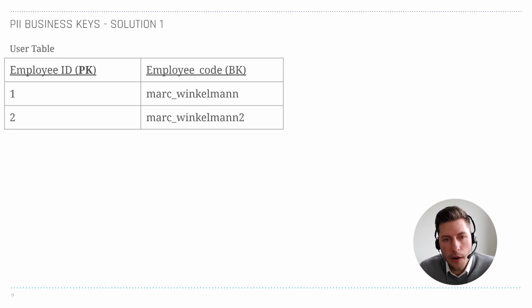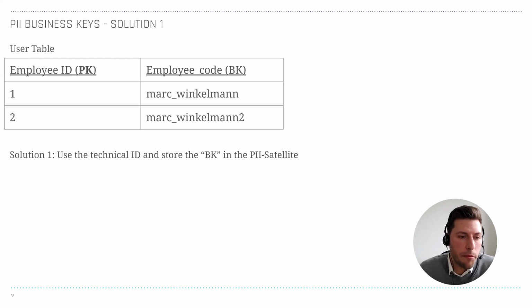Now it depends how widely this business key is used outside of this table and even outside of your source system. If nothing outside of this CRM system refers to this business key, one option could be to integrate the data by using the technical ID, the employee ID, this 1 and 2 here, as your business key, or load this column into the hub.